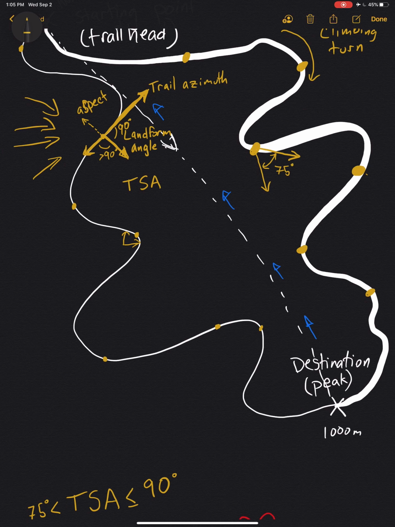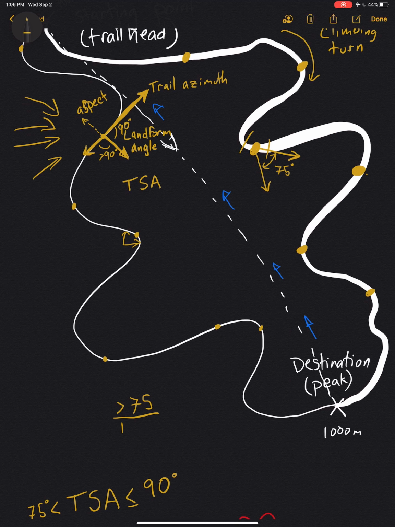If it's greater than 75 degrees, tally that up as a sustainable chunk of trail or segment of trail. This point really represents a short section of trail all around it. So greater than 75 degrees, we've got 1.